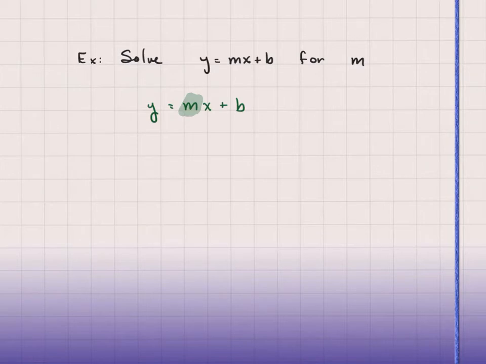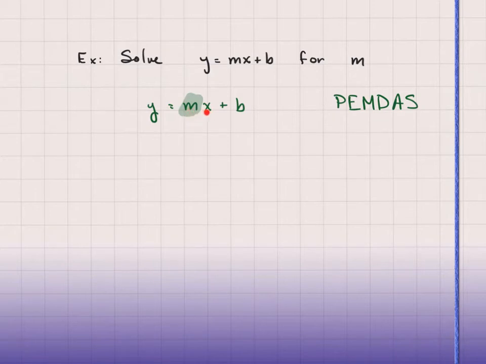Okay, so I want to get that M by itself. So let's look at what's connected to the M. We've got M times X plus B. Now, when you're working with PEMDAS, this order of operations, and you're solving for things, you have to work in opposite order. So you want to undo subtractions and additions first.